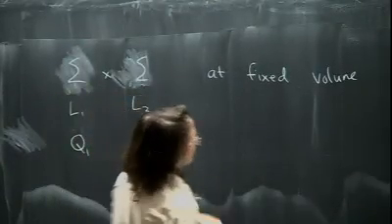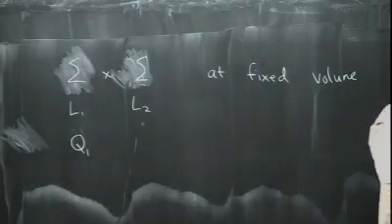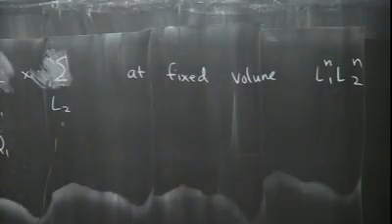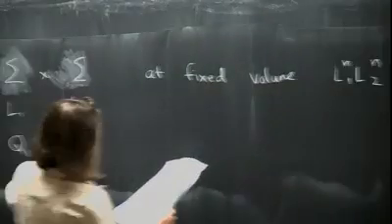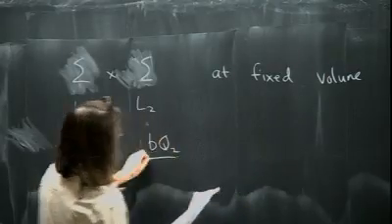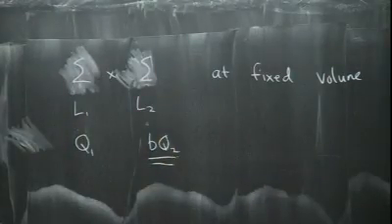So at fixed volume, L1 to the n, L2 to the n, these are n-dimensional spaces. Put some kind of flux on L1, put some other kind on L2 that has this term depending directly on the axion. Okay.